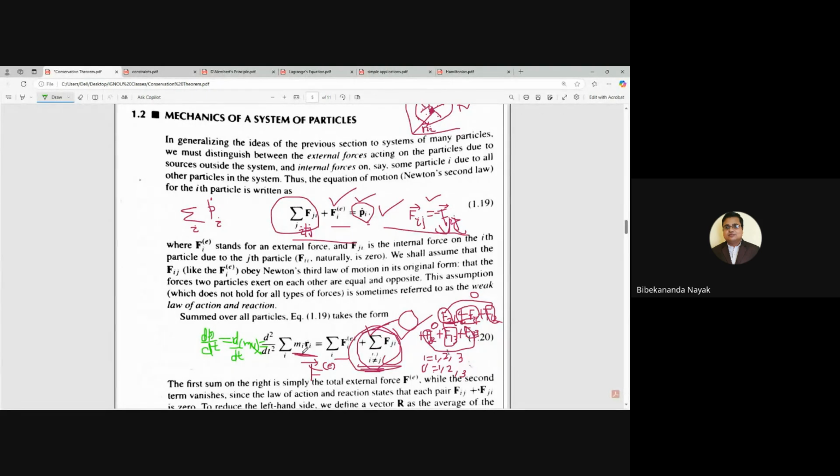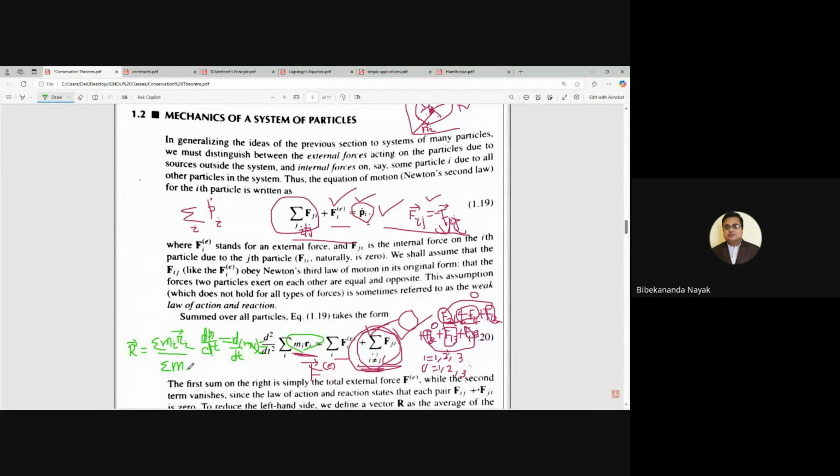Now look, summed over i, m_i r_i. We have a term called the center of mass, where the whole mass of the body is concentrated, whose position vector is given by the formula R equals the sum over i of m_i r_i divided by the sum over m_i.